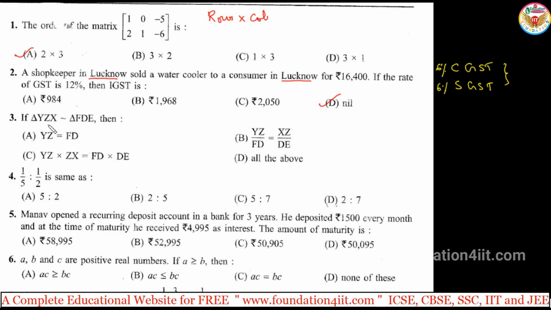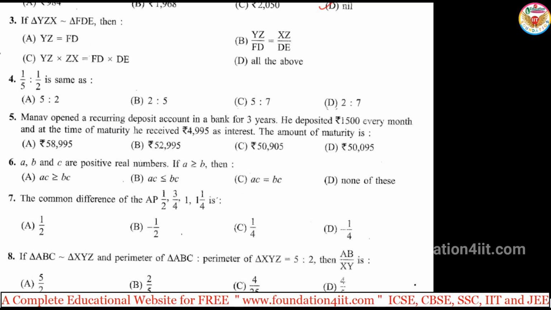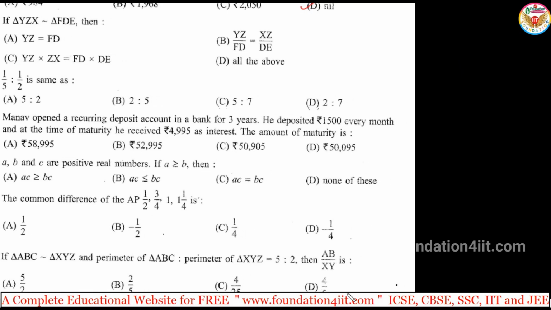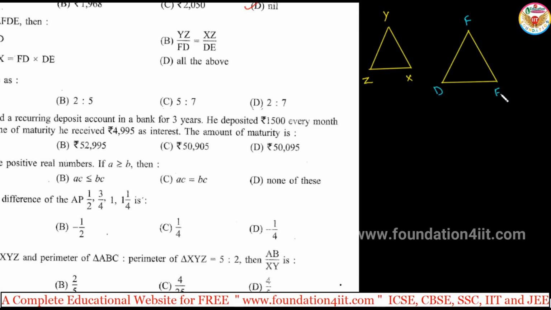Next one, if triangle YZX is similar to triangle FDE, then always draw the two triangle diagrams for similarity, then you can understand clearly, because whenever two triangles are similar, corresponding sides are in the same ratio. So YZX is Y, Z and X. Same way, take one more, FDE, keeping the same positions: F, then D and E on the right side.